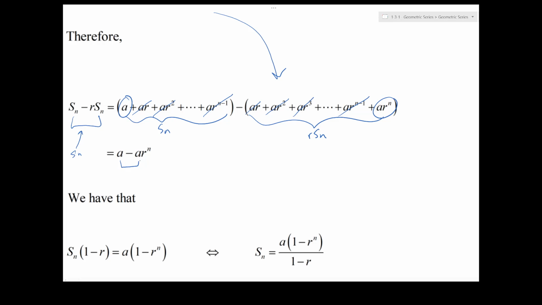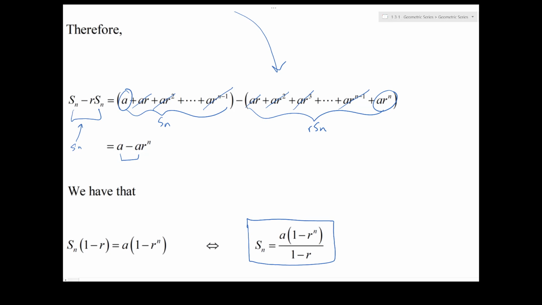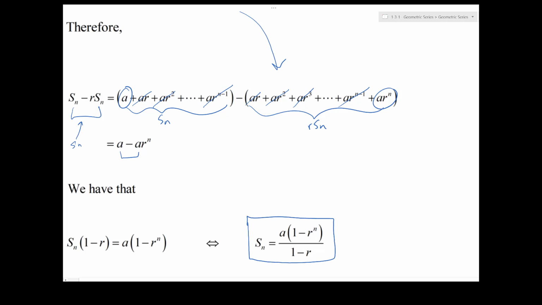So we could solve that equation for S of n, and actually, that S of n that we showed before is really just equivalent to this value a times 1 minus r to the n divided by 1 minus r. It's the same thing. So we're still interested in taking the limit as n goes to infinity of this, because that would be the value of the series.